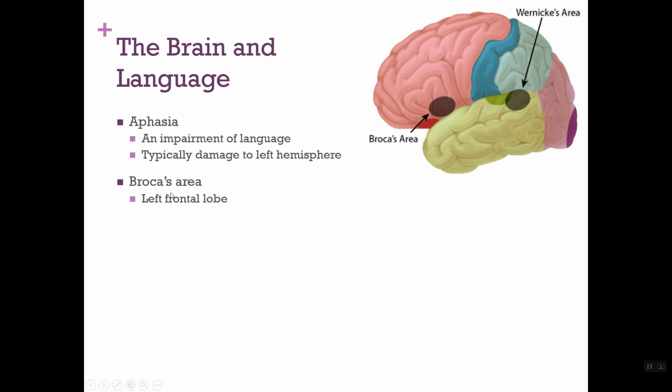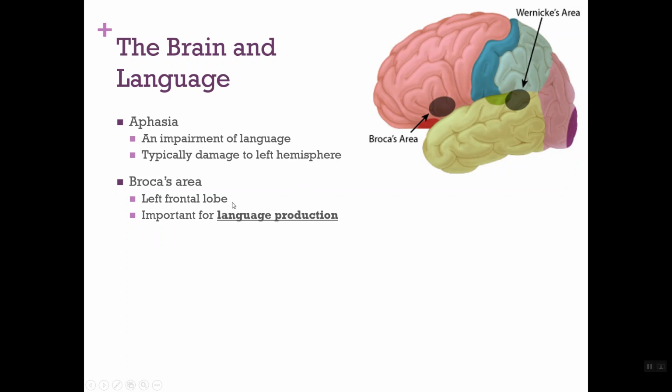There are other aphasias. But Broca's area is this area right here, part of the left frontal lobe, right? So here's our frontal lobe, and here's Broca's area. It's kind of right above our temporal lobe, on your left side, left frontal.